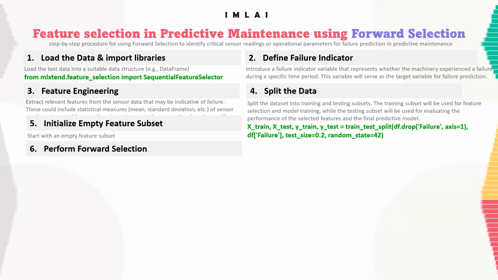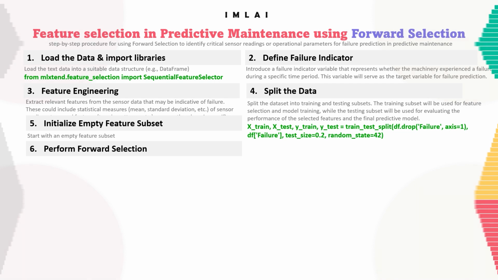Perform forward selection. Implement the forward selection algorithm by iteratively adding one feature at a time to the feature subset. Train a machine learning model using evaluation metrics, for example accuracy, precision, recall, F1 score. These are classification evaluation metrics.